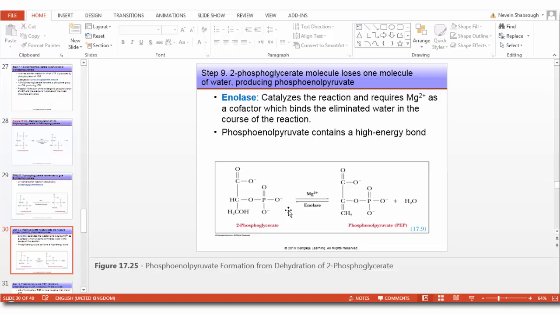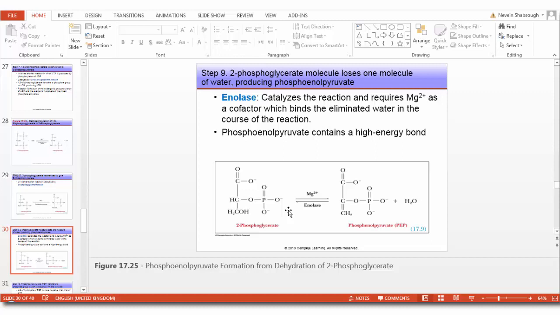Actually, the water molecule that is eliminated in this reaction binds to Mg+2 during the course of the reaction. Again, this compound, phosphoenolpyruvate, has a high energy phosphate bond, or is an energy rich phosphate compound.